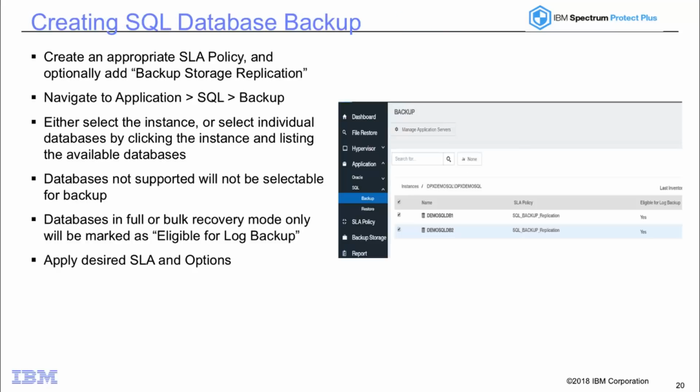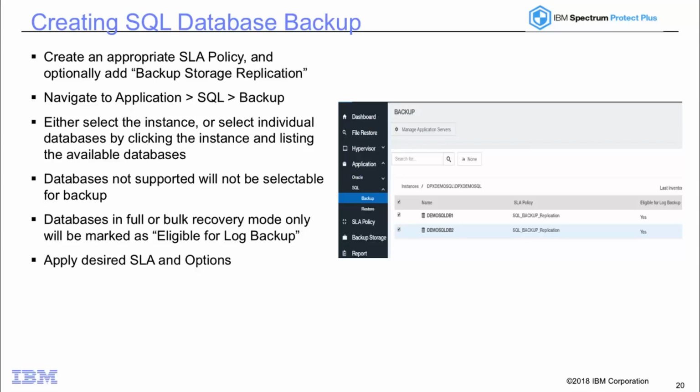From a GUI perspective, it's really very easy to set up. You create an appropriate SLA policy under SQL Backup, under Application SQL Backup, and you can either select individual databases or select the entire instance. So it pretty much works just like virtual machines, except now you're dealing with SQL Server databases and SQL Server instances.